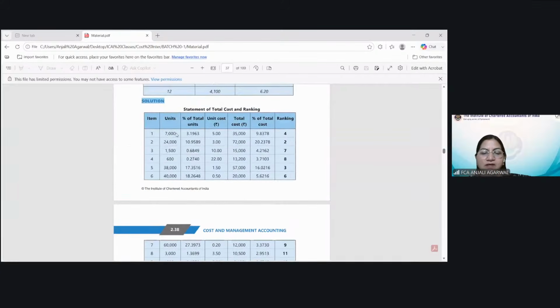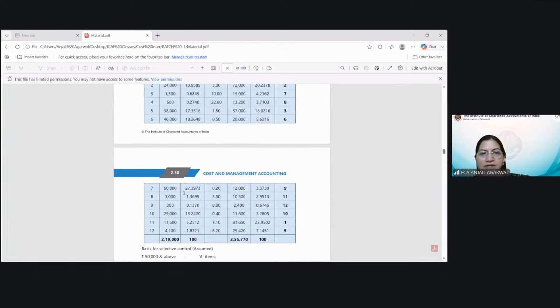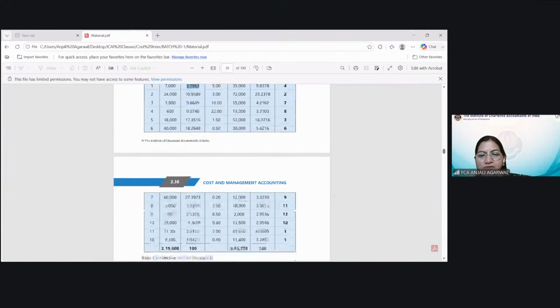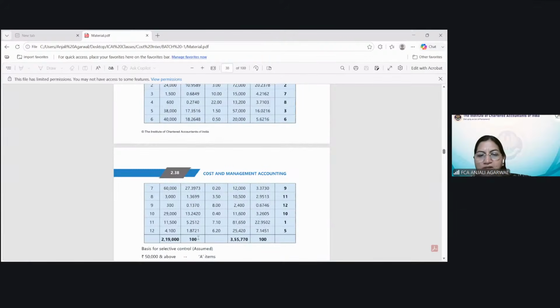Now express 7,000 divided by 219 and find out how much percentage it is. 3%. 24,000 on 2,19,000, 10%. So find out the percentage of units of all. Though this is 100, it's not really relevant because we'll classify on the basis of value. But it gives me some idea that this should give me a C category.